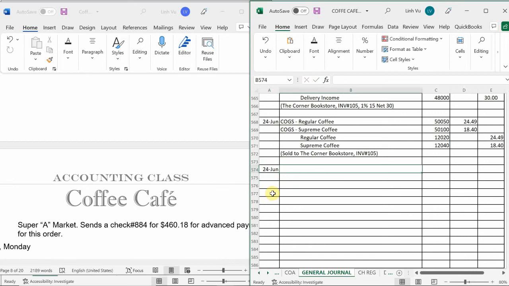What does this advance payment become? Liability. It becomes a liability.